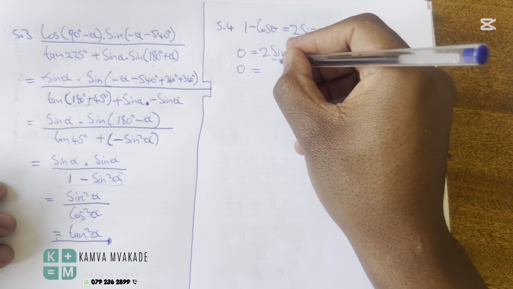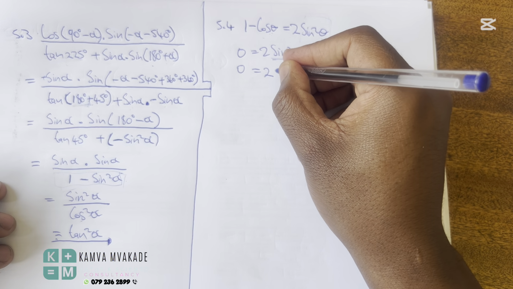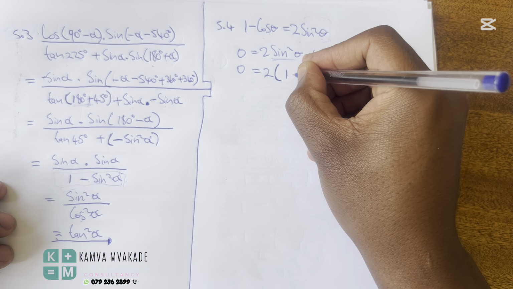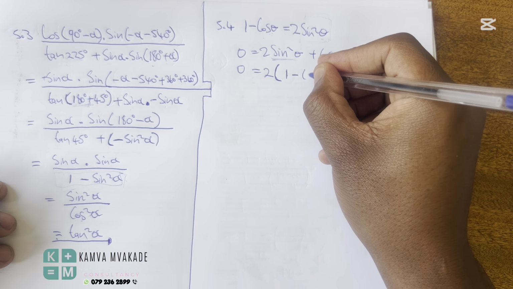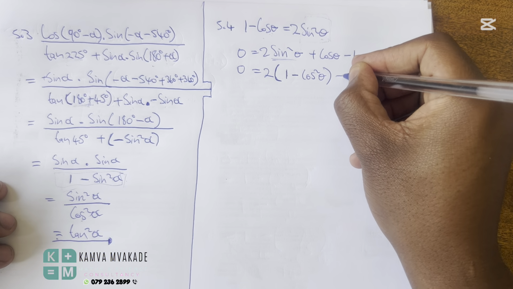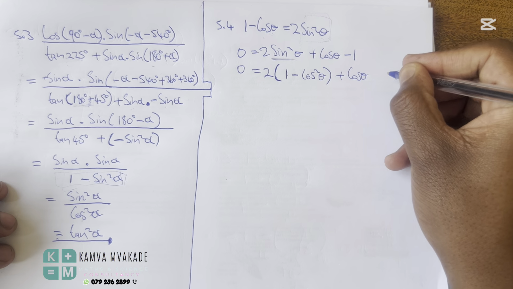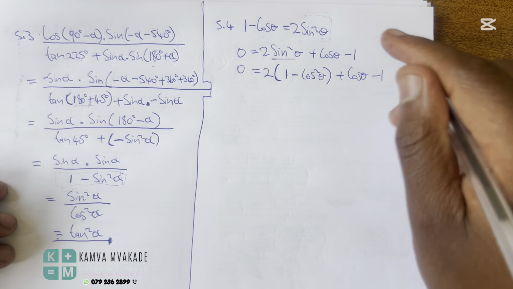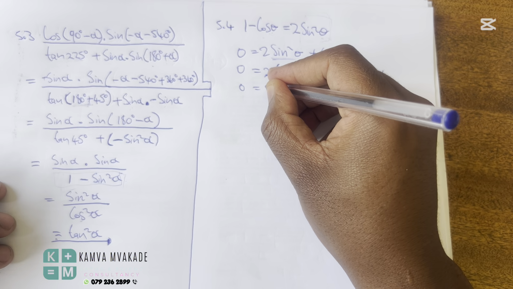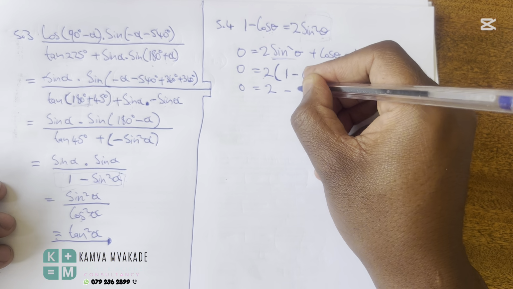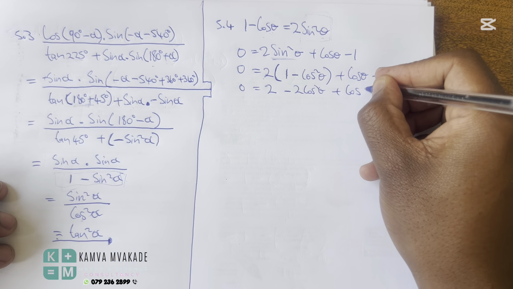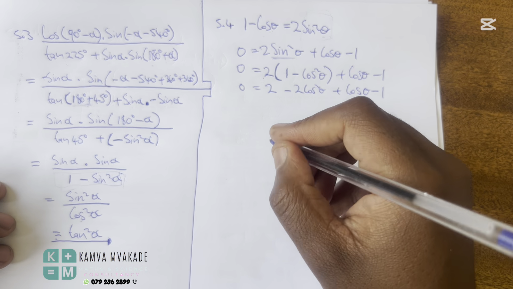We can change this because we've got an identity. It's going to be 1 minus cos squared theta, so 2(1 minus cos squared theta) plus cos theta minus 1. We distribute: 2 minus 2 cos squared theta plus cos theta minus 1.